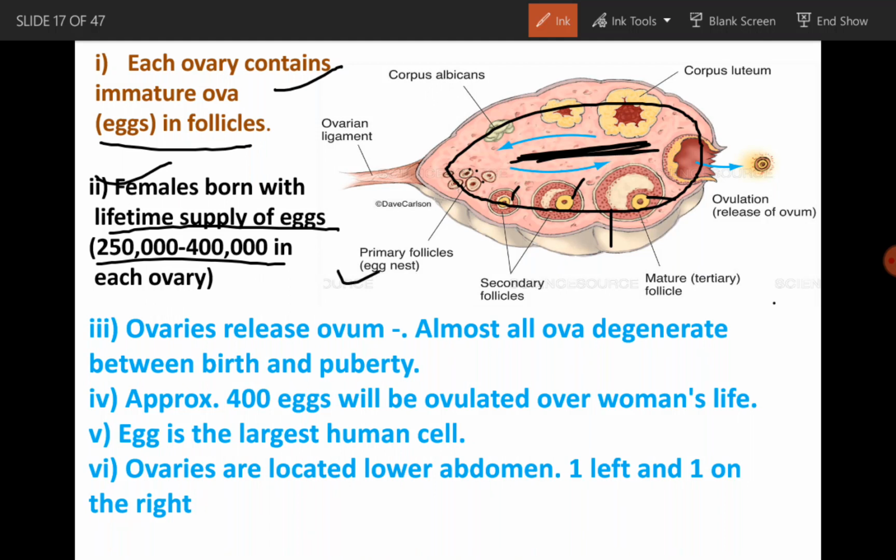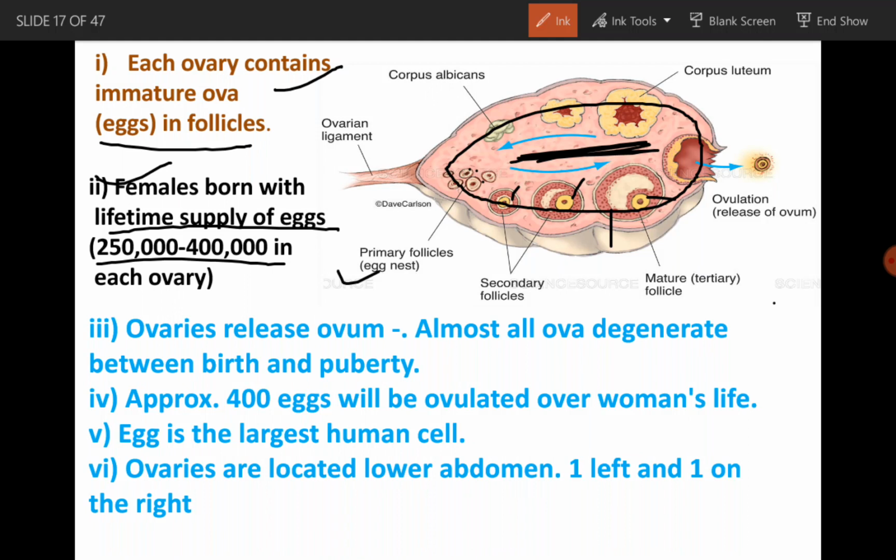These eggs are generally in the form of a secondary oocyte, not spermatocyte. So the process of oogenesis starts in the embryonal period in female individuals.